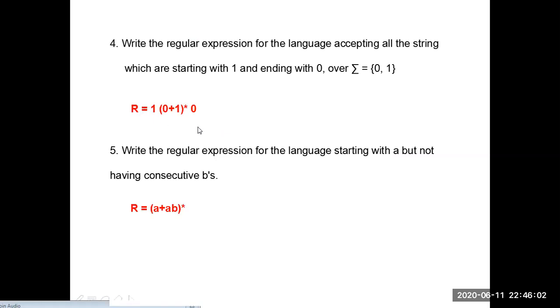See, for example, if you take this regular expression, the initial symbol is 1, in the middle 0 or 1, any combination of 0s and 1s, then finally 0 must be there. How can we get the transition diagram for this one?